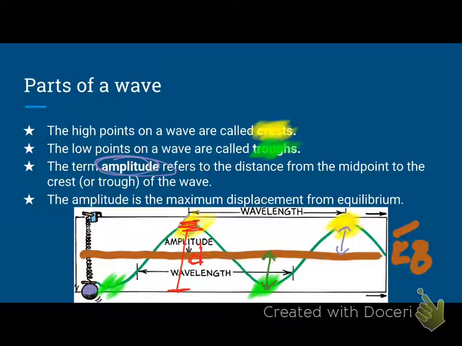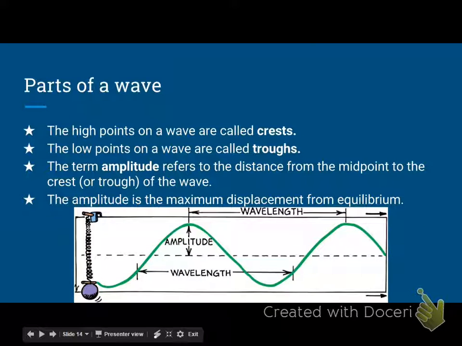So from here to here, that's the distance from the crest to the trough. The amplitude is half that distance. Or if you're thinking about it the other way, twice. But that distance, positive or negative, it's basically the absolute value of that.